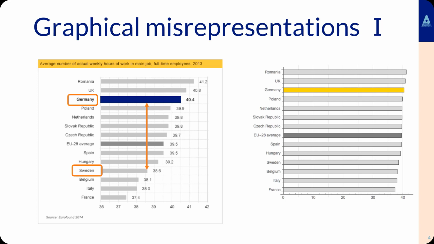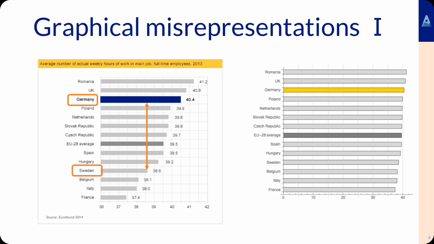Ignoring the figures, the bar for Germany looks to be about a quarter bigger than the bar for Sweden. So you might think the Swedes work only 3/4 of the time that Germans work. But when you look at the actual numbers, Germany is 40.4 and Sweden is 38.6, which is only about a 10% difference.